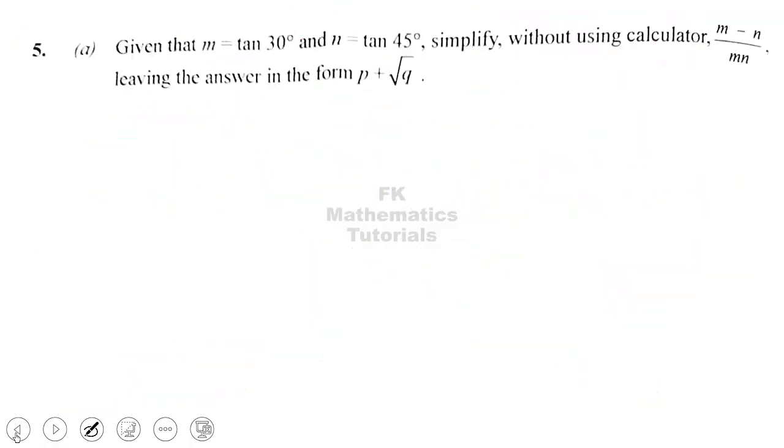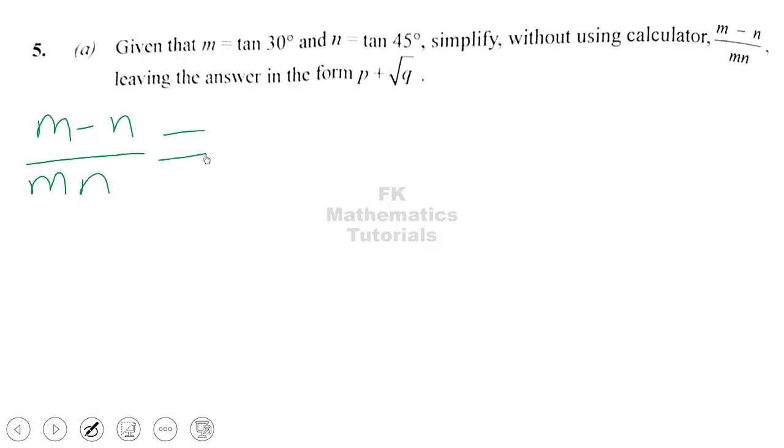Now let's look at the number 5 question. Given that m equals 30 degrees and n equals 45, simplify without using a calculator (m minus n) over mn.